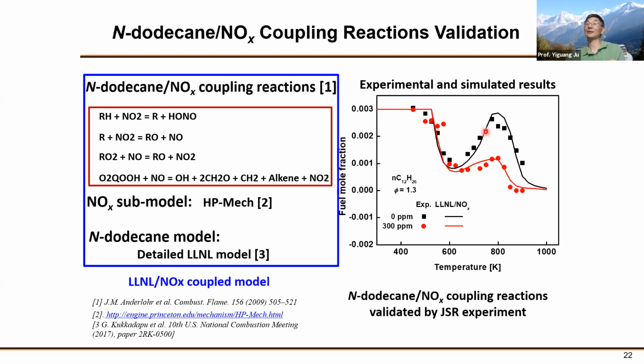Without NOx production, this is the n-dodecane oxidation, low temperature chemistry and intermediate chemistry. With 300 ppm NOx addition, you can see that low temperature chemistry is slightly delayed, but intermediate temperature chemistry is dramatically accelerated. So understanding the low temperature chemistry of NOx and the intermediate temperature chemistry of NOx reaction is also important.